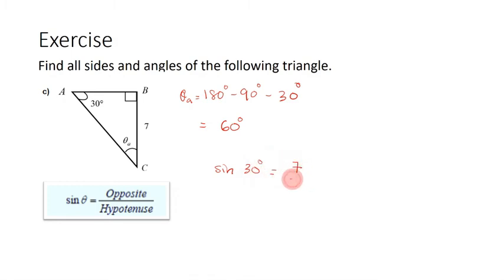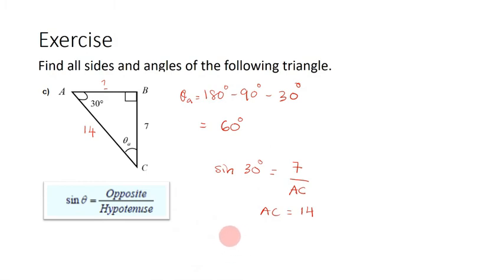And now we can find the length of side AC. So AC is equal to, calculate, we get AC equal to 14. So this side is equal to 14. And then to get this, we can use the Pythagoras theorem.